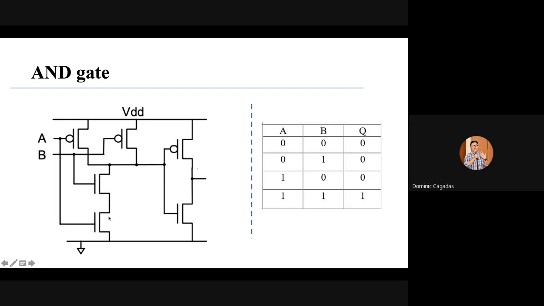So one PMOS is connected to your VDD and is on. Therefore, your output here is high. If the input of your inverter is high, the PMOS is off and the NMOS is on, so your output is still low. Did you get this? Yes, sir.